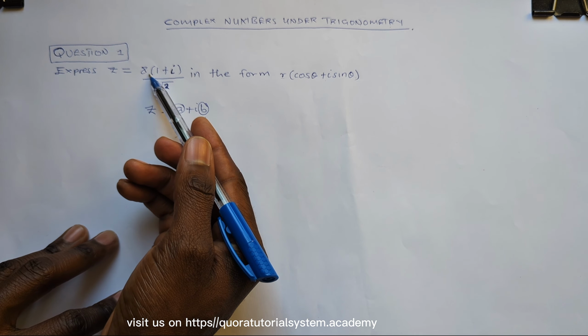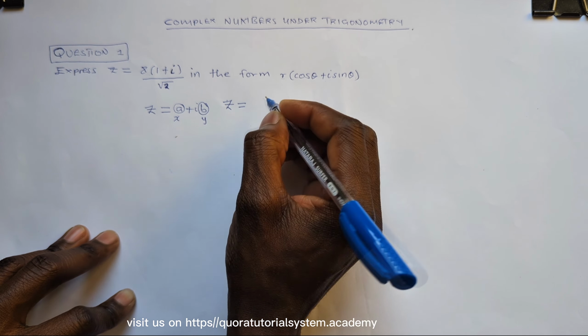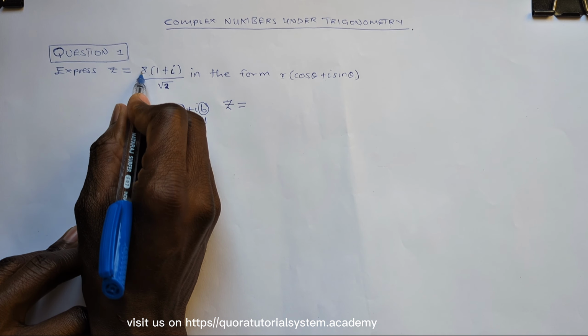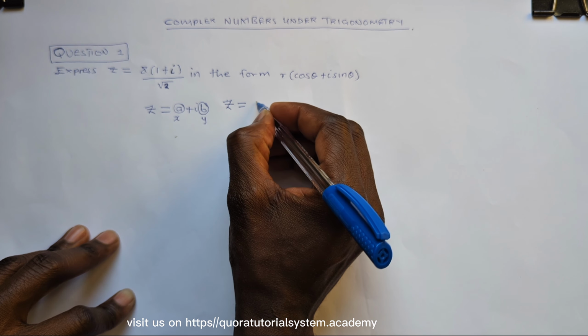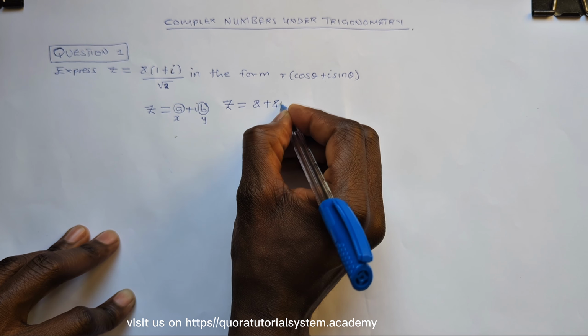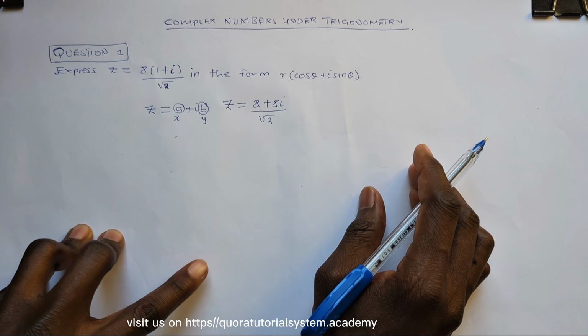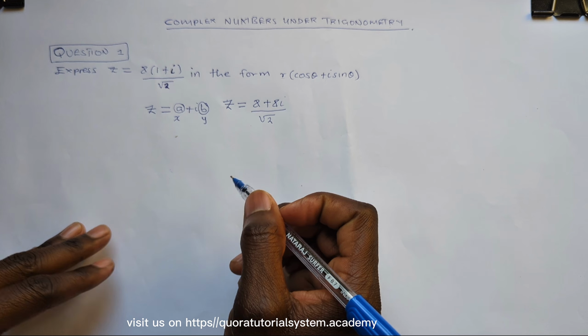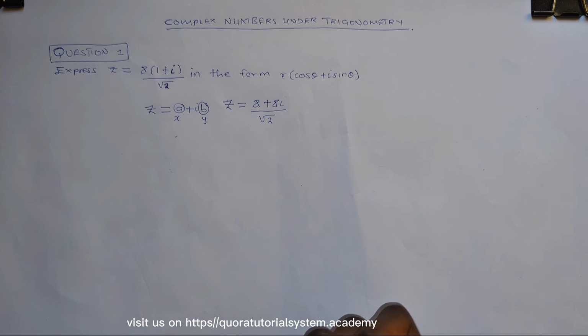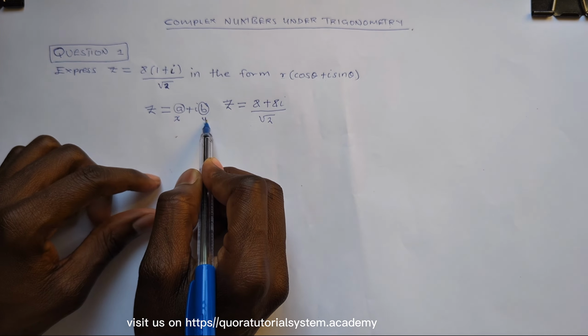If you go back to the question, you'll find that z will be equal to, if you multiply this by everything inside the brackets, 8 plus 8i over square root of 2. All right. So how do you get the value for r? If this part is your x, that part is your y.